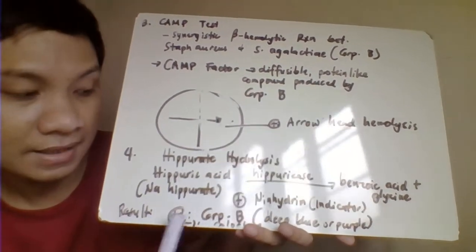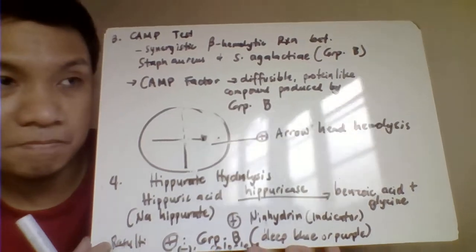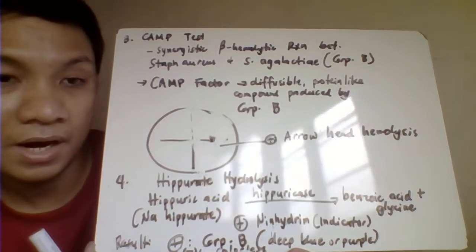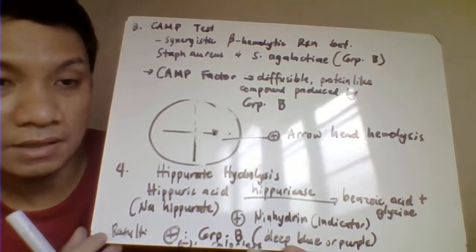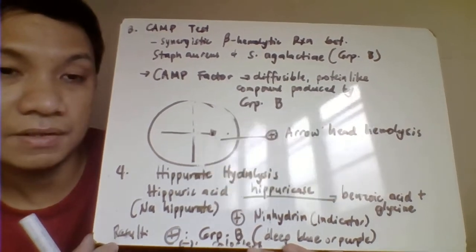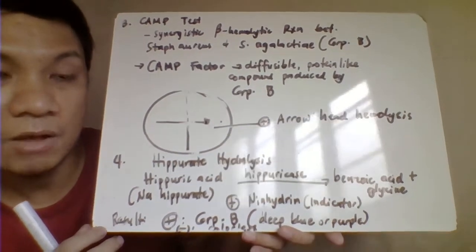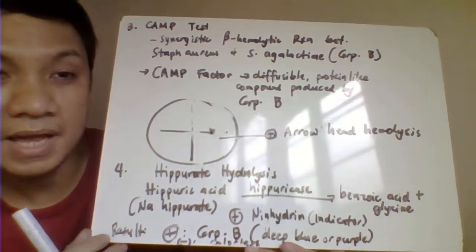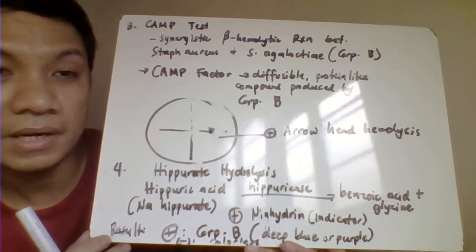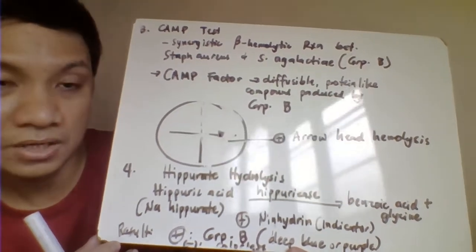Then you add the indicator ninhydrin and observe for a deep blue or purple color. A positive result, deep blue or purple, will be given only by your Strep agalactiae. All the other strep will give a negative result with the hippuric hydrolysis test, a colorless reaction.